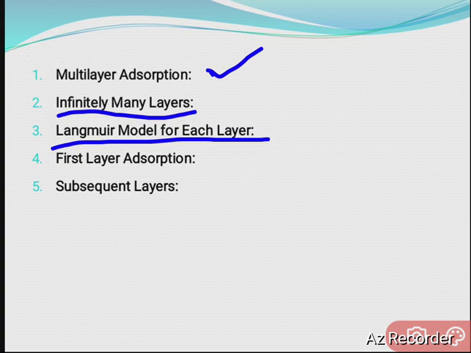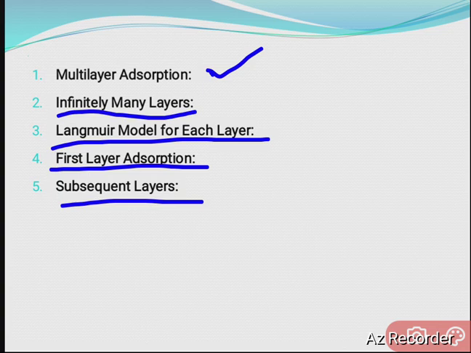Okay. Next, the fourth one is first layer adsorption. The first layer of adsorbed molecules is assumed to have a specific heat of adsorption that is different from the heat of liquefaction of the gas. And the fifth one is subsequent layer formation. The subsequent layers are assumed to have a heat of adsorption equal to the heat of liquefaction of the gas.